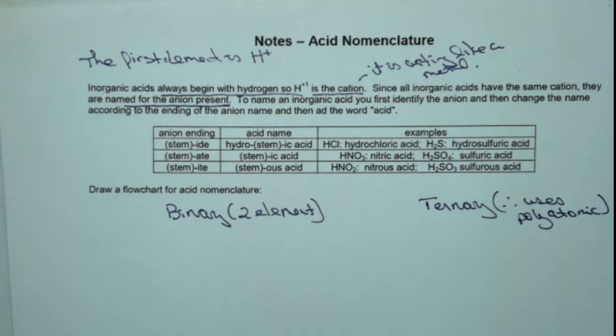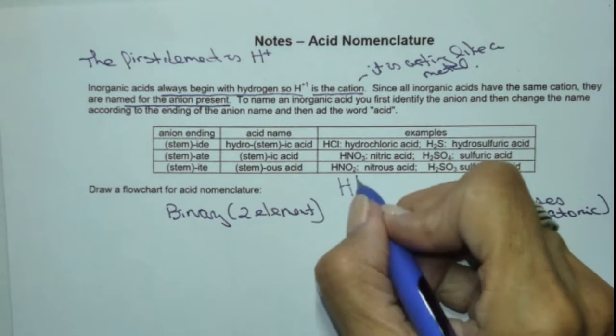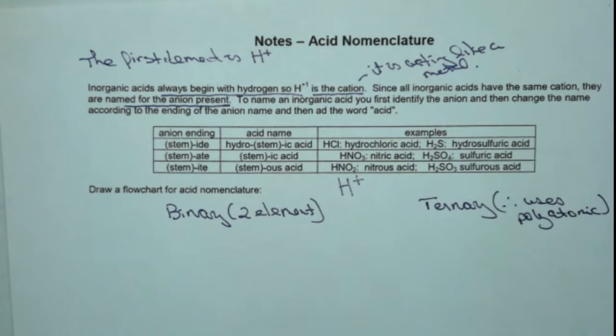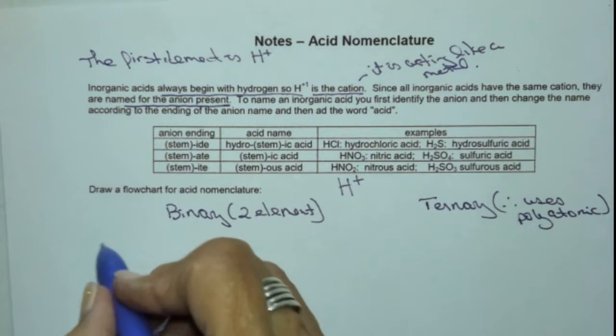Now remember, they all start with hydrogen. So the first element will always be H. With a binary, this is the first rule.